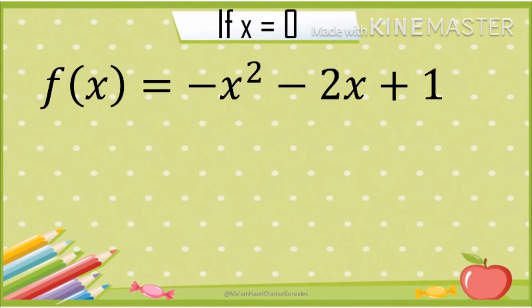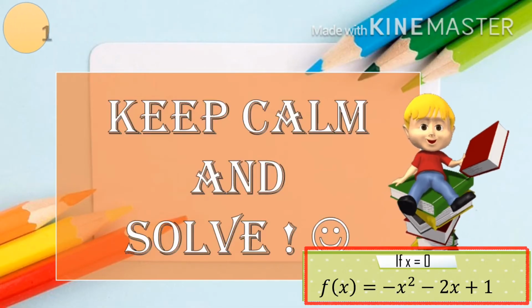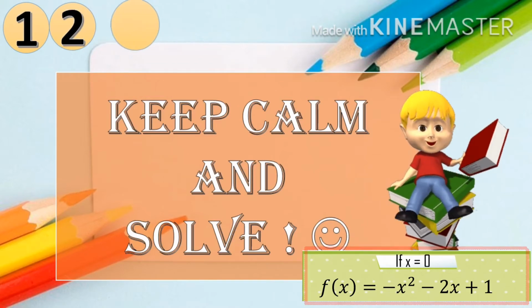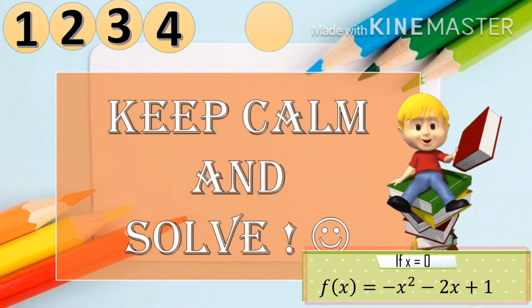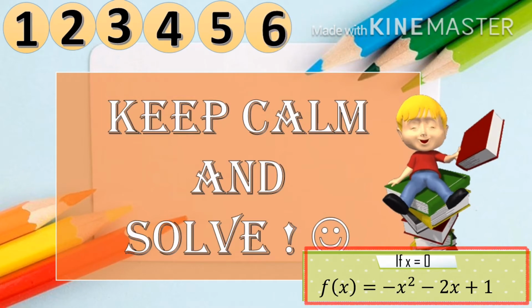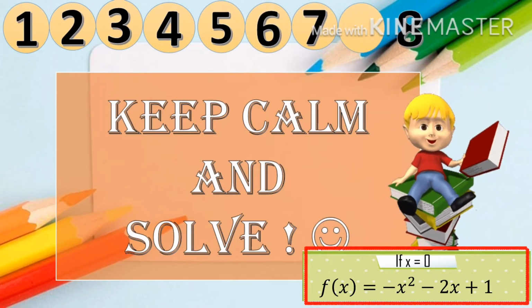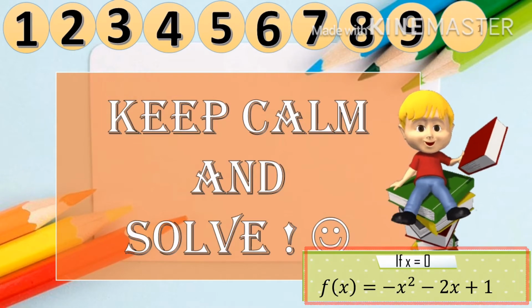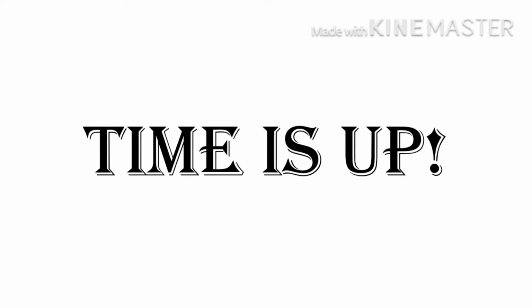This time, you are going to answer on your own. I will give you 10 seconds and we'll check if you have the same answer. Your timer starts now. Time is up!